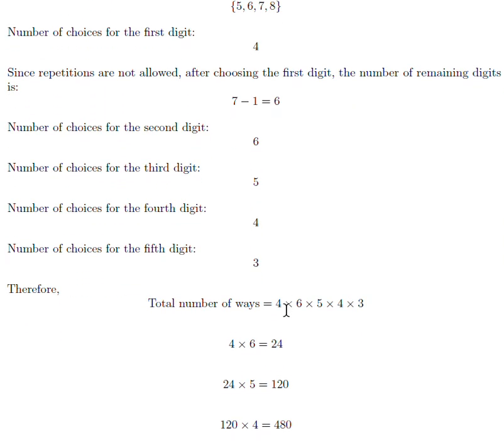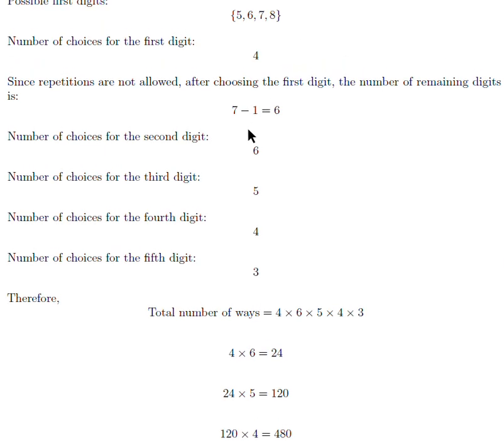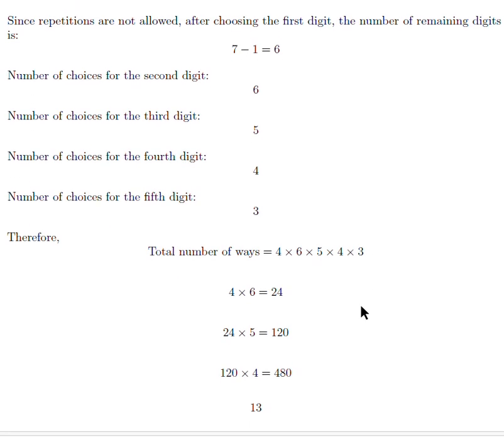So finally we multiply each of the cases. The first digit has 4 choices, 5, 6, 7, or 8. Then the second position, 6 choices. Third position, 5 choices. Fourth position, 4 choices. Last position, 3 choices to pick from.